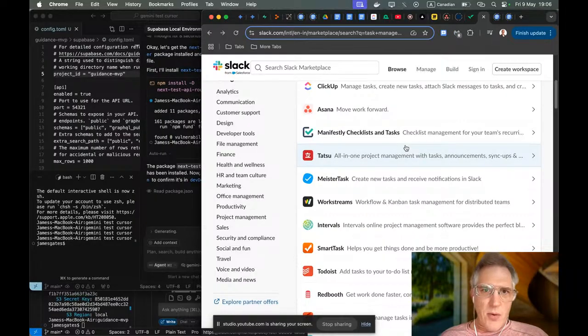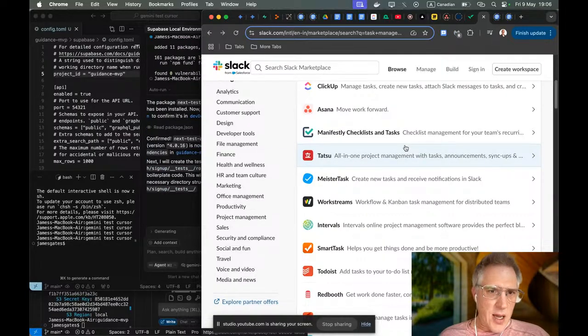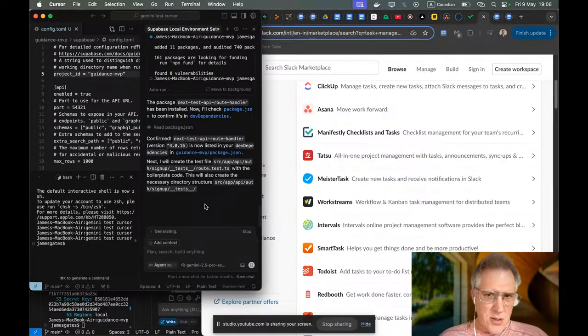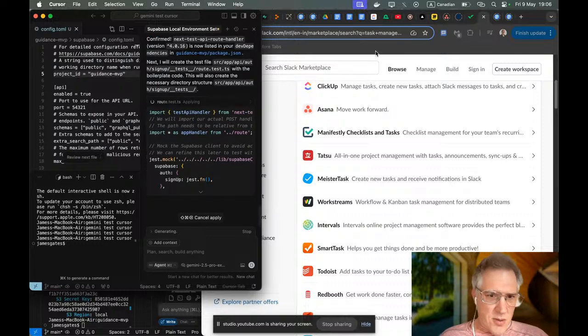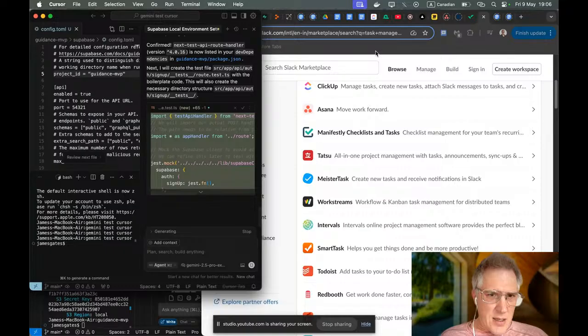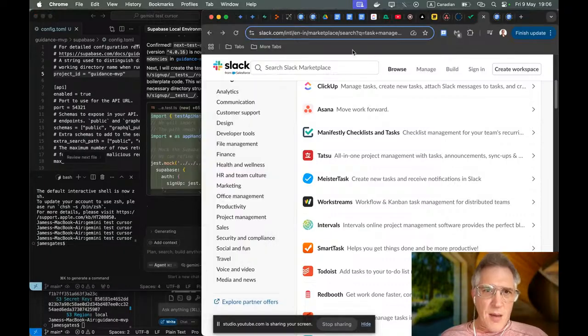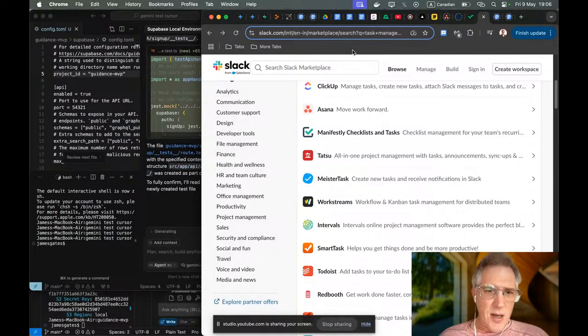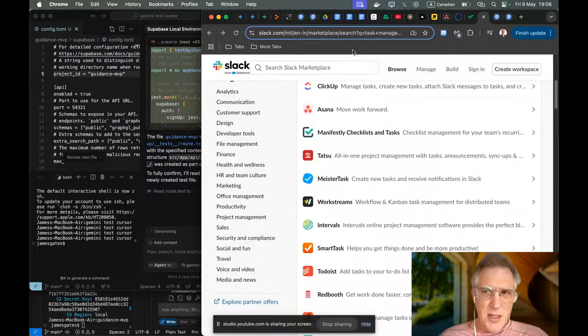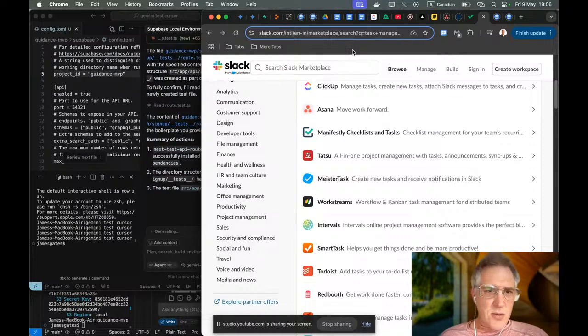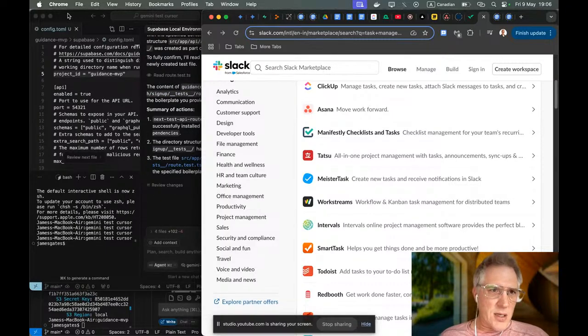I've never used Slack, so I don't know how that thing actually works. I think I used it once or something like 5, 6 years ago.